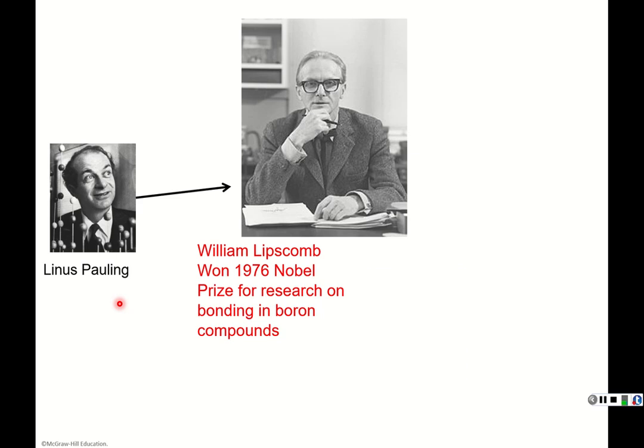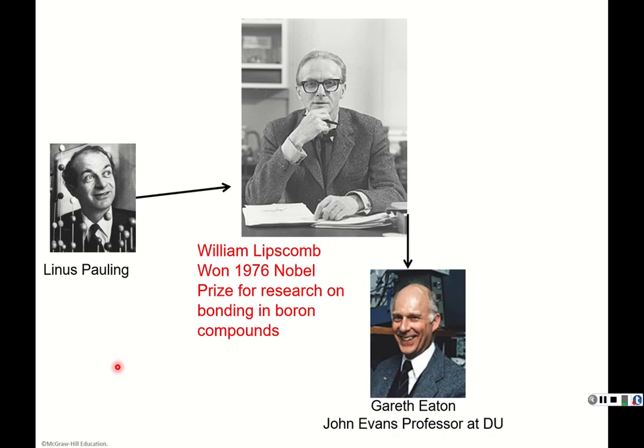And if you remember Linus Pauling, before I go on, Linus Pauling won the Nobel Prize for his work in valence bond theory and elucidating the nature of the chemical bond and electronegativities. He was also involved in quantum theory. Right. So he taught William Lipscomb. William Lipscomb had a graduate student, Gareth Eaton. And Gareth Eaton is actually a professor here at the University of Denver.